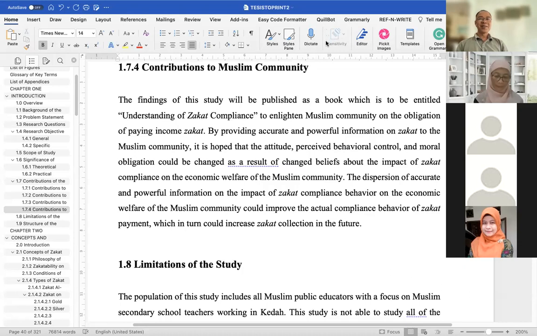Yeah, because this is a PhD. You must show the reader that you can make a significant contribution to theory, significant contributions to knowledge, significant contributions to policymakers.